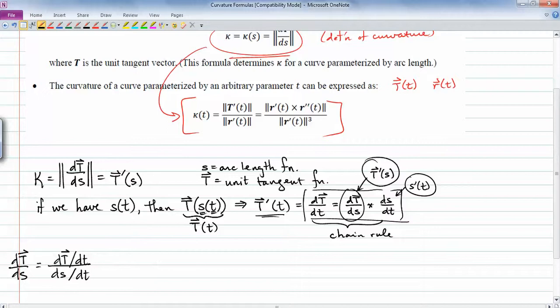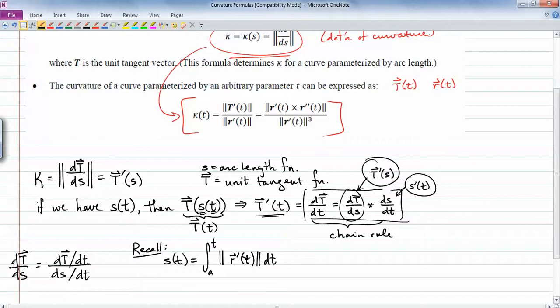And one other thing, remember that s of t is the arc length function. So it's the integral from a to t of the magnitude of r prime of t dt. Okay, so recall, this is the arc length function.